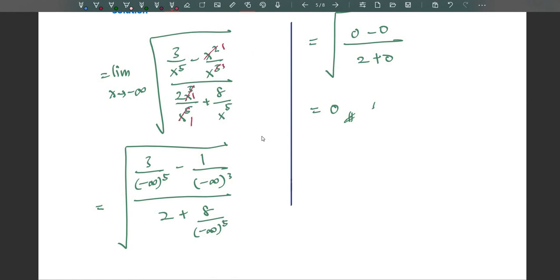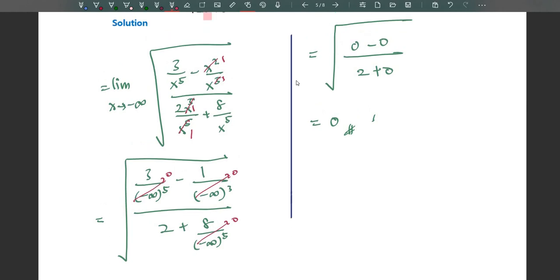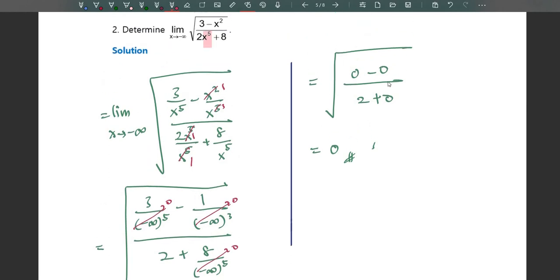Please remember to simplify before substituting the value of x. So this one is going to be 0 because anything divided by infinity is 0, and so does the denominator. So we are left with root of (0 minus 0) over (2 plus 0), which is root of 0. Root of 0 is 0 again. Okay, next.